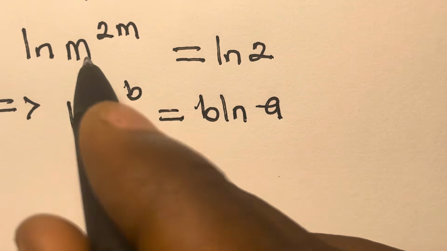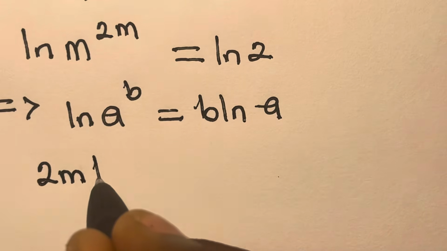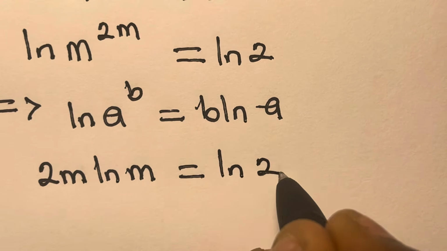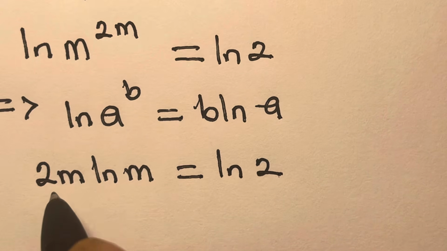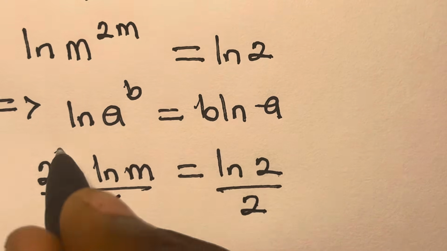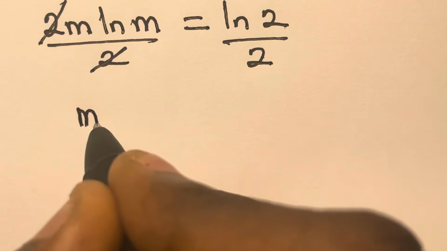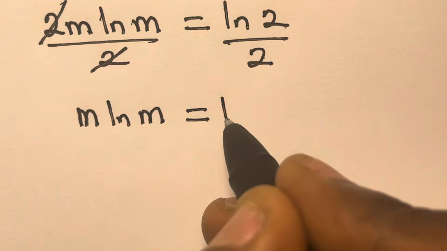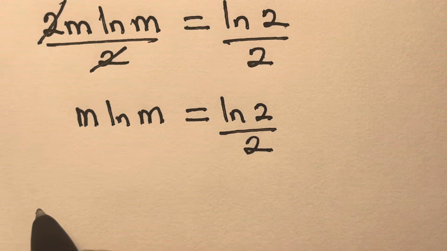So applying this, 2m will come forward here. Then we have ln m equals ln 2. So here we can divide both sides by 2, right? We cancel these two. So we will have m ln m equals ln 2 divided by 2, right?